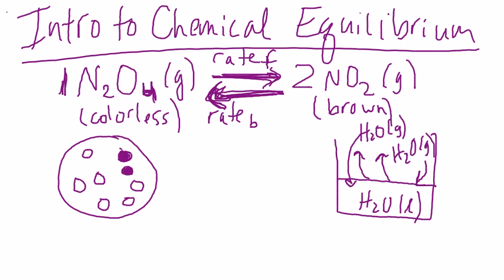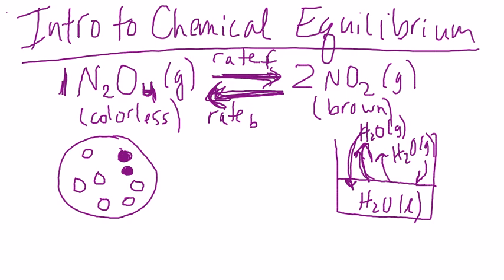You eventually reach a point at which the rate forward equals the rate back, and you no longer have a change in the number of gaseous water molecules over the liquid water. That is the equilibrium vapor pressure of the gaseous water at that temperature. So chemical equilibrium, while it seems to be a static process, is actually quite dynamic.